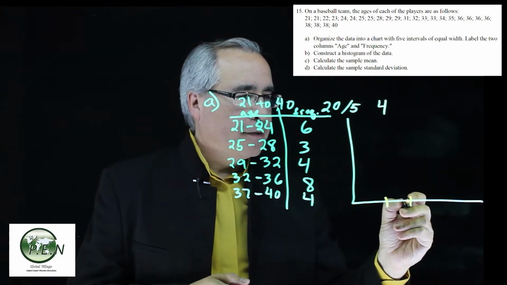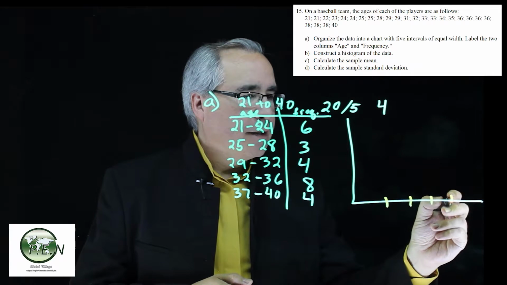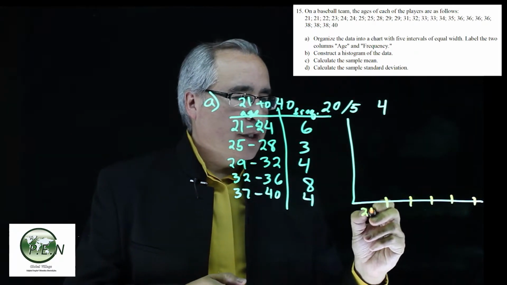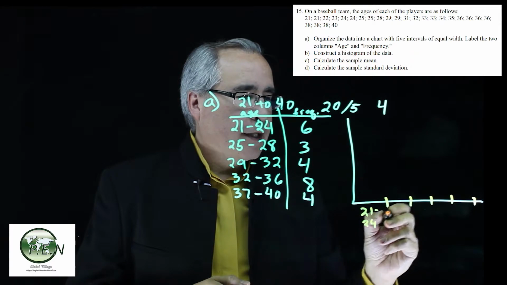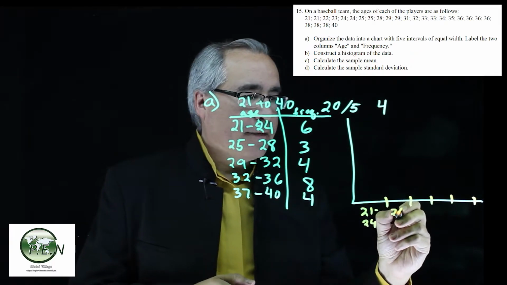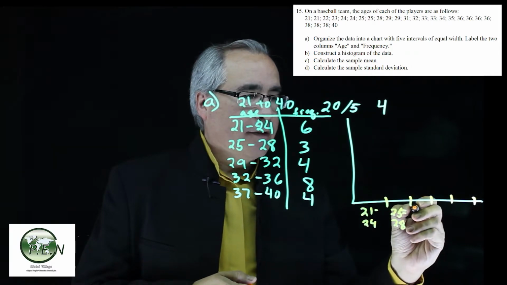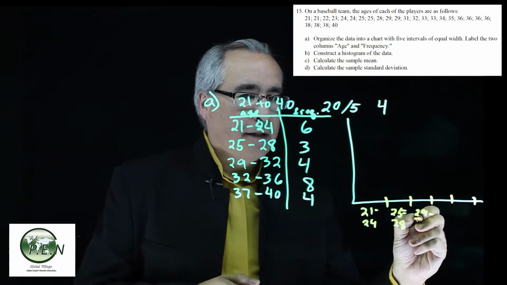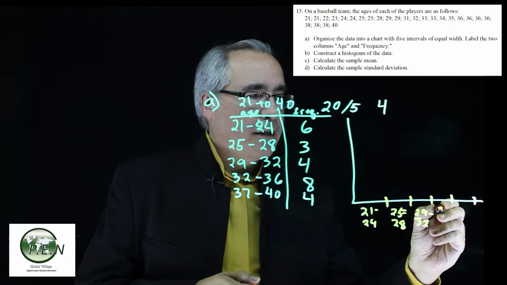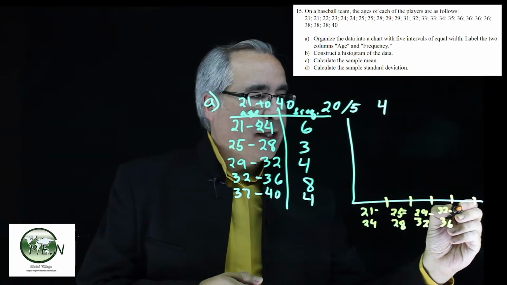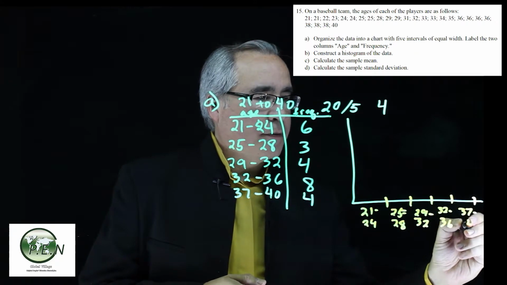This first group will be 21 to 24. This will be 25 to 28. This is 29 to 32, 32 to 36, and 37 to 40.